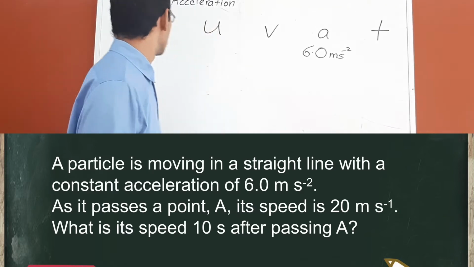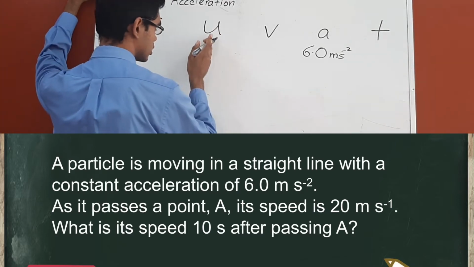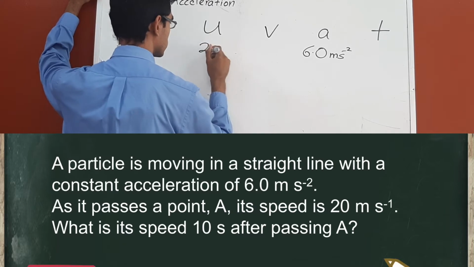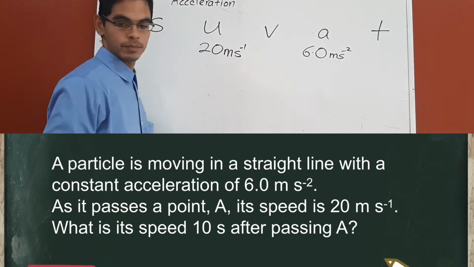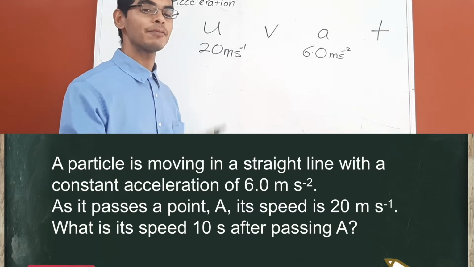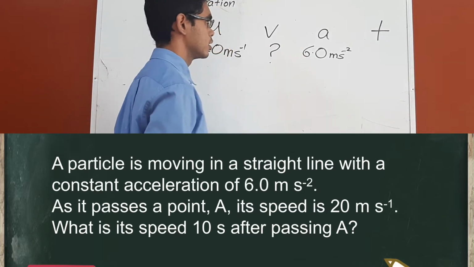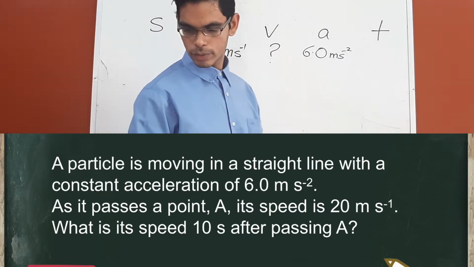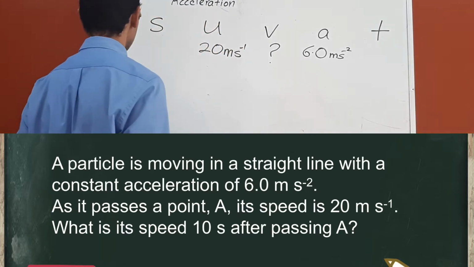So here, the initial speed, 20 meters per second. We want to know what is its speed after. So we don't know this. And what's the last thing that we have? Do we have any distance or displacement?